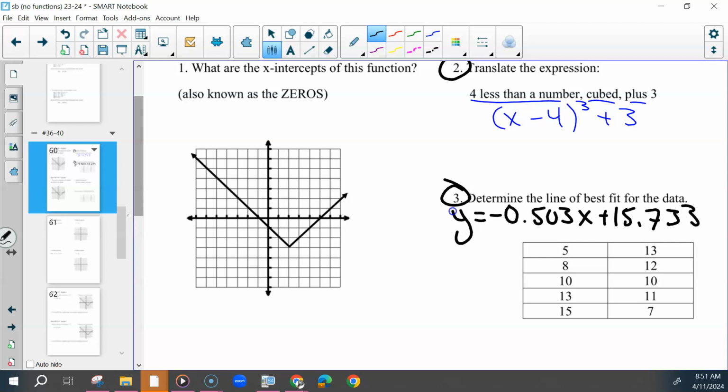And that would be your line of best fit. Questions there?